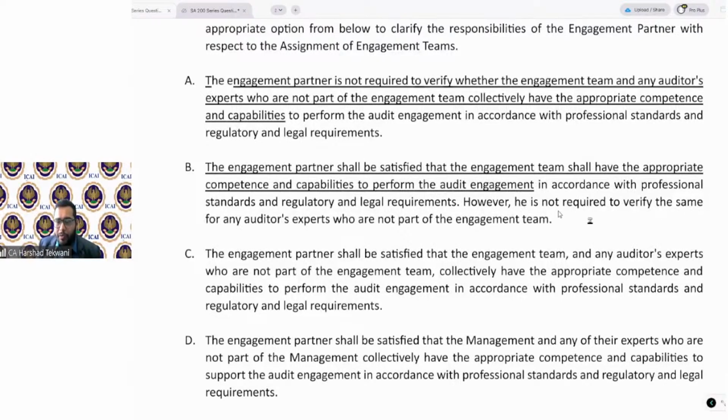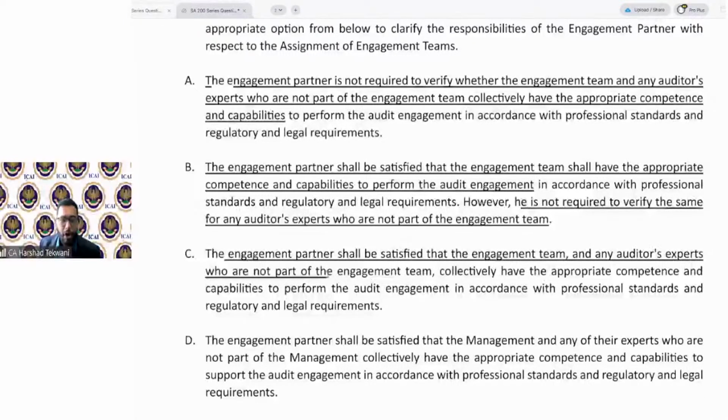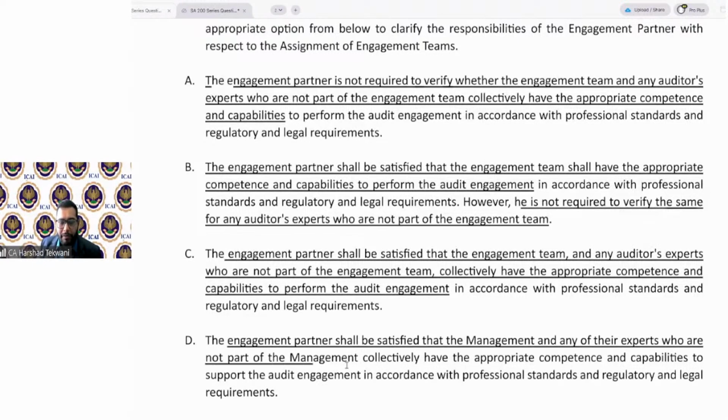However, he is not required to verify the same for any auditor's expert who are not part of the engagement team. Third, the engagement partner shall be satisfied that the engagement team, any auditor expert who are not part of the engagement team, collectively have the appropriate competence and capabilities to perform the audit engagement. And fourth, engagement partner shall be satisfied that the management and any of their experts who are not part of the management collectively have the appropriate competency and capability to support the audit engagement.